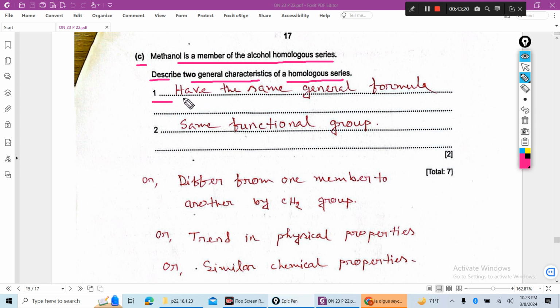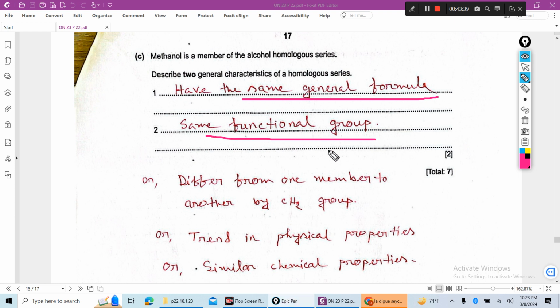You can write they have the same general formula and same functional group, or you can write they differ from one member to another by a CH2 group, or neighboring members are different by a CH2 group.